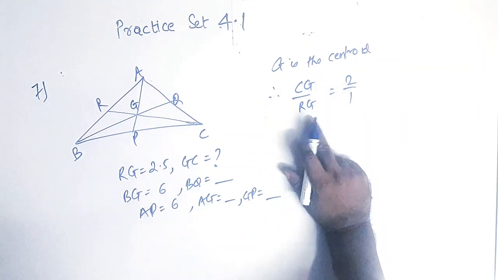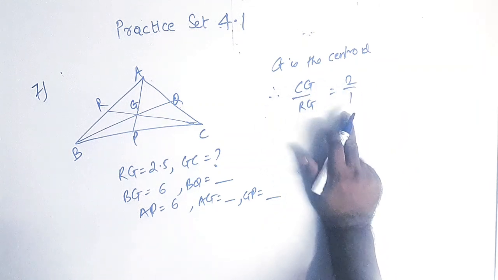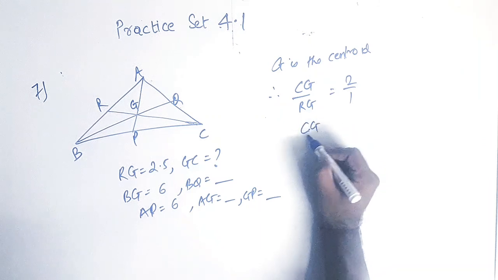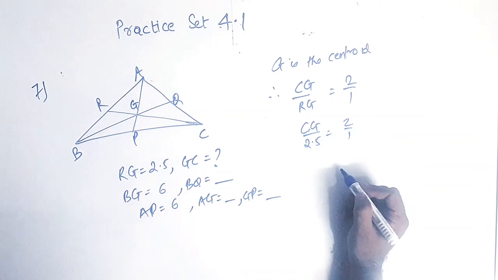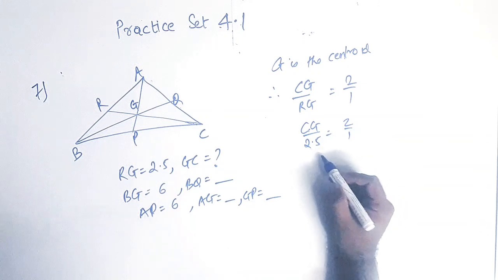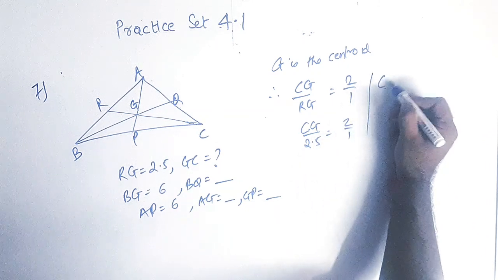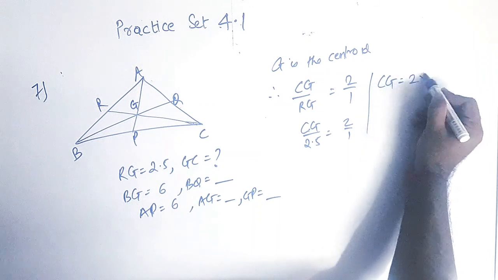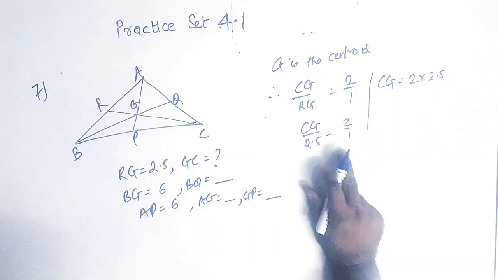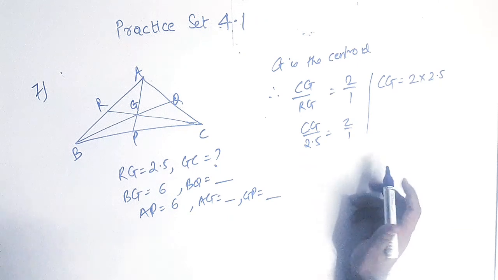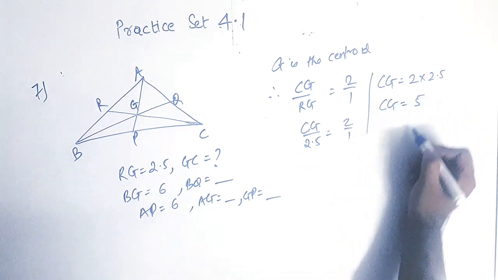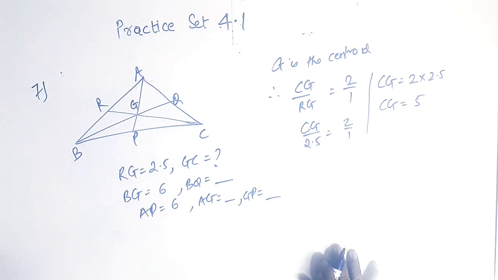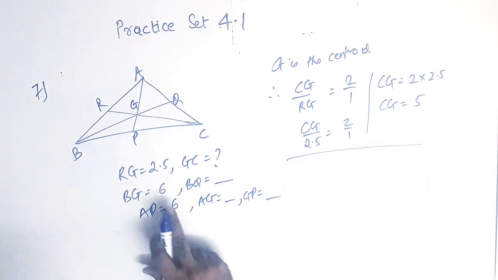Larger side is 2, smaller side is 1. Now CG you don't know, RG you know it is 2.5. Cross multiply to get the answer. CG is equal to 2 into 2.5. 1 multiplied by CG will be the same. So CG equals to, what is 2.5 into 2? It is 5.